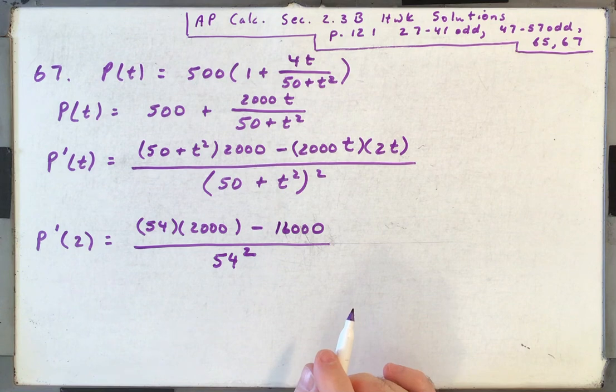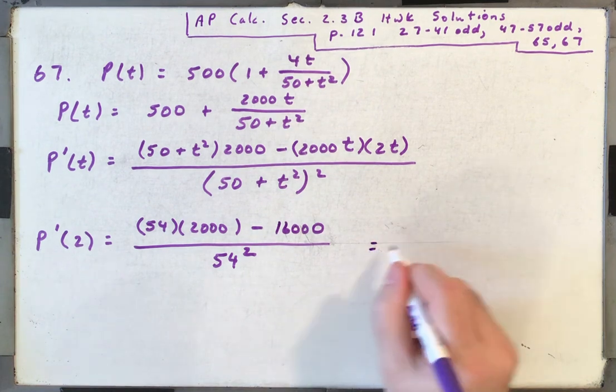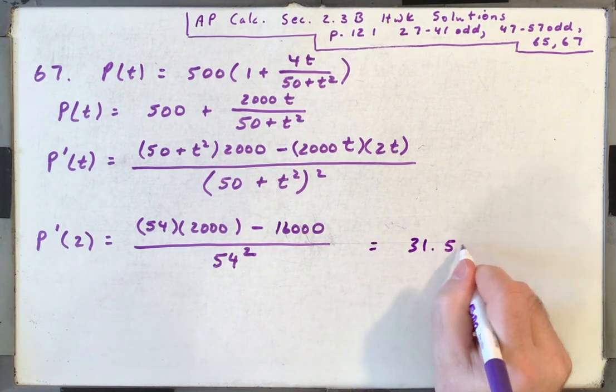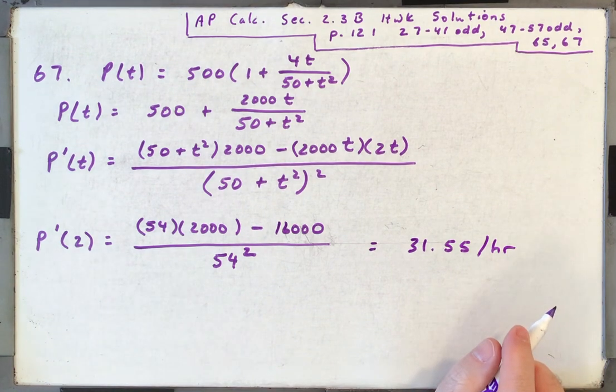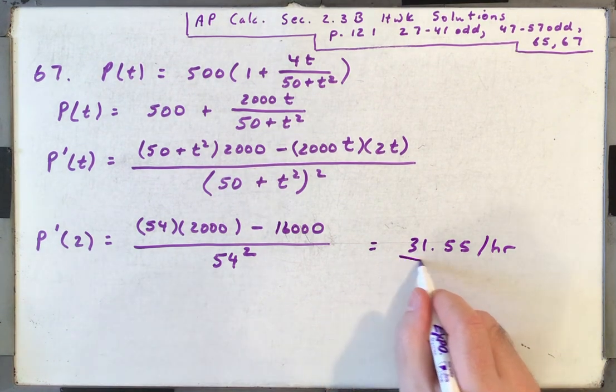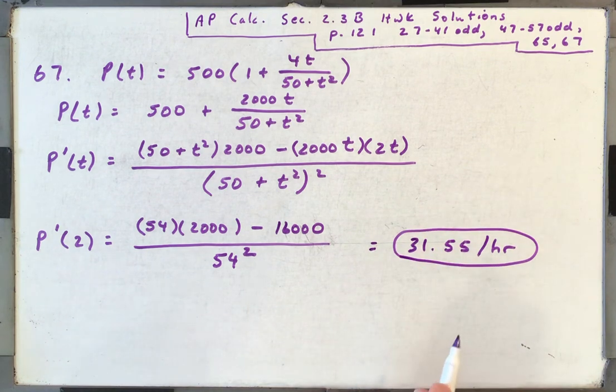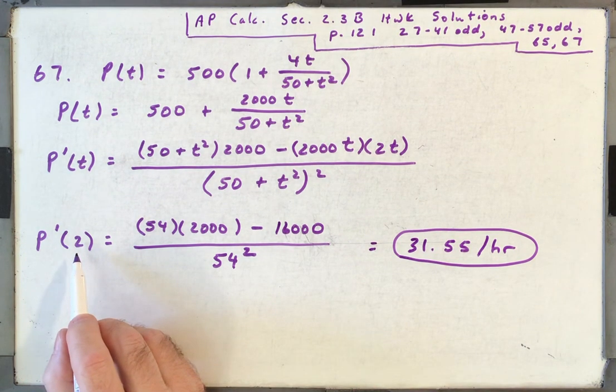All right, so if you don't mess anything up there, you should get 31.55 per hour. So that's 31.55 bacteria per hour growth rate at 2 hours.